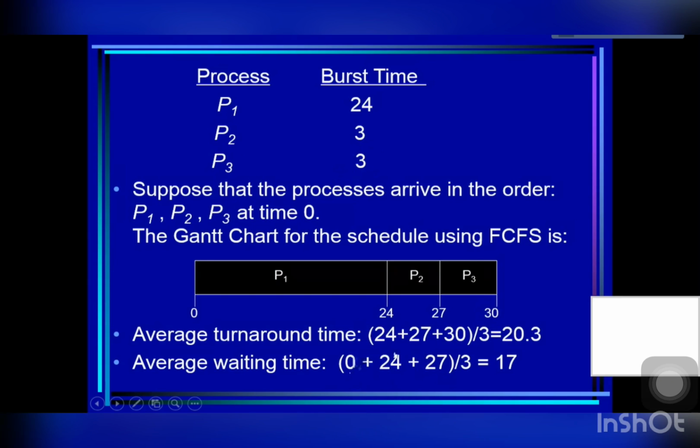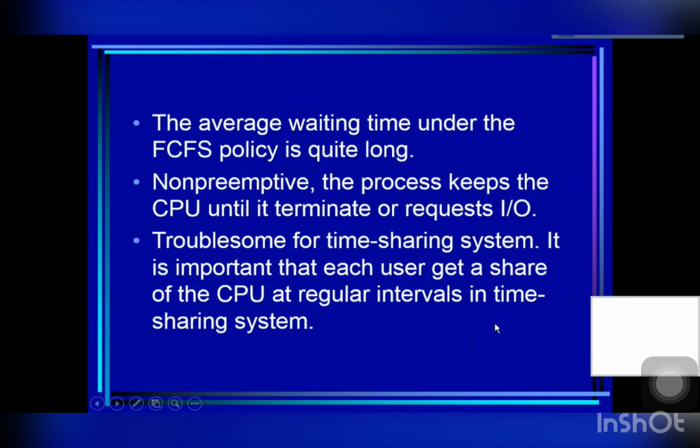We add the 3 waiting times together and divide by 3, and we get the average waiting time. It's 17. So the average waiting time under the first come, first served policy is quite long.